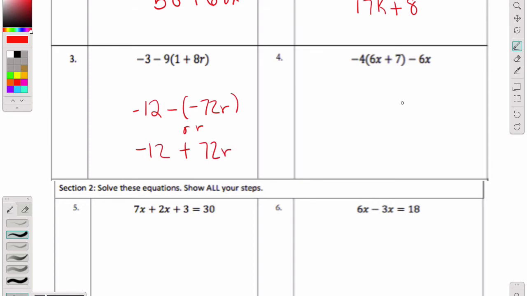Okay, and then for the last one for this, the two answers that we could have had were 30x plus a negative 28, or you could have had negative 30x minus 28.